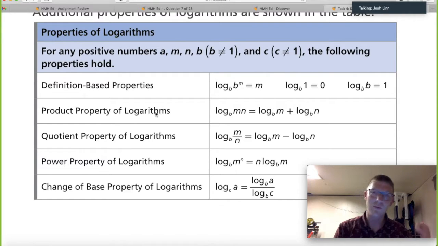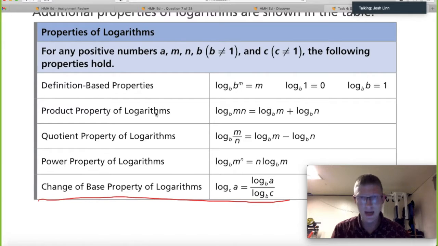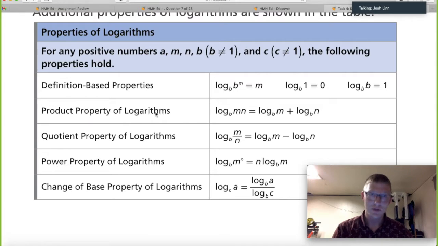We've had some previous problems where we had log base 1.06. Well, we could change that to log base 10 or log base e, natural log, and then our calculators could handle that a lot easier. Maybe you don't have your fancy calculators that you can change the base on. So this is what you need to know right here.